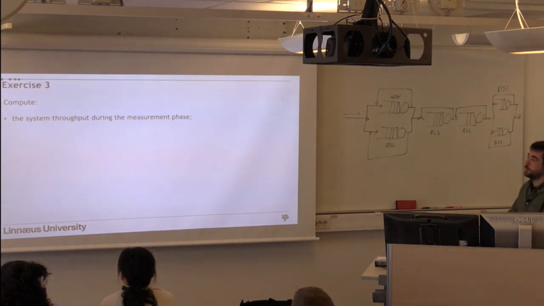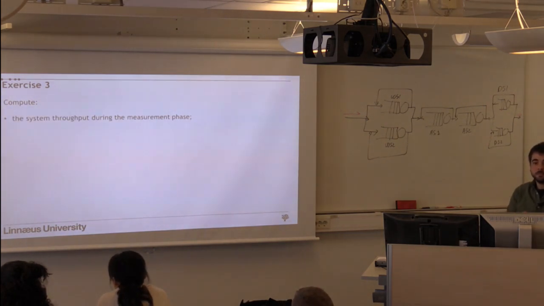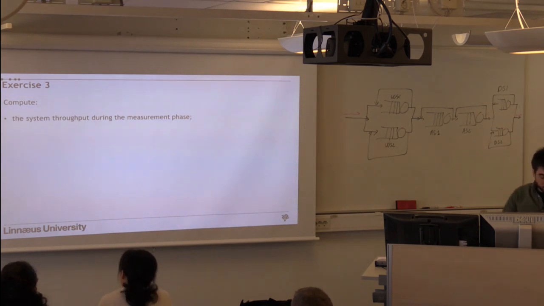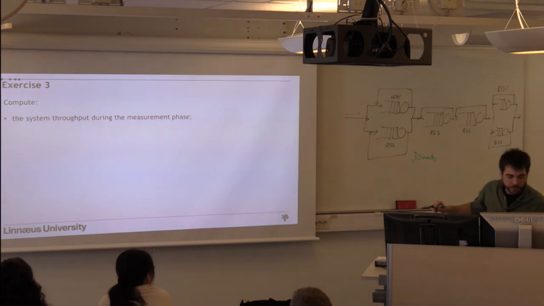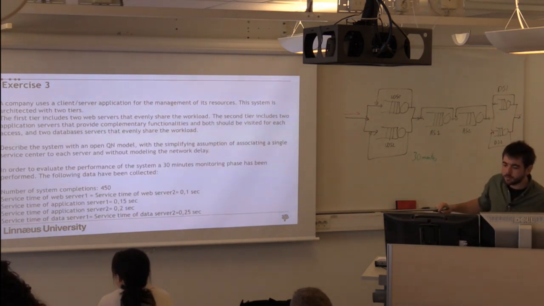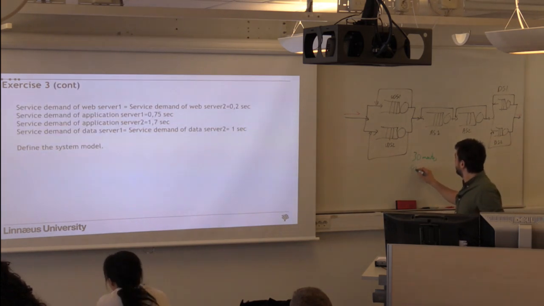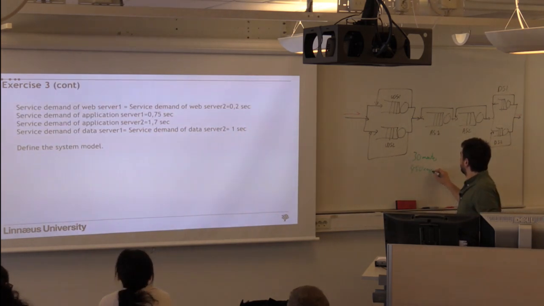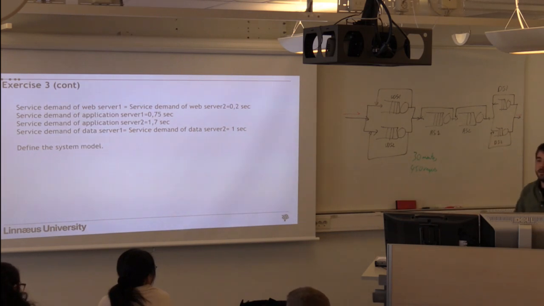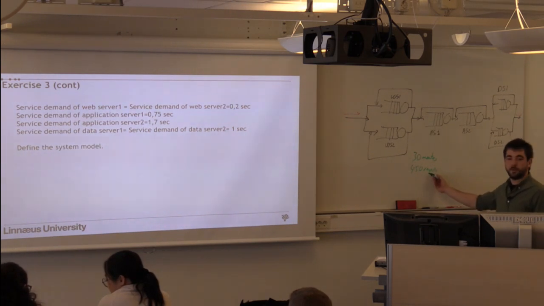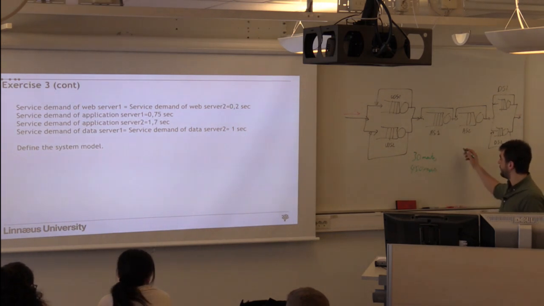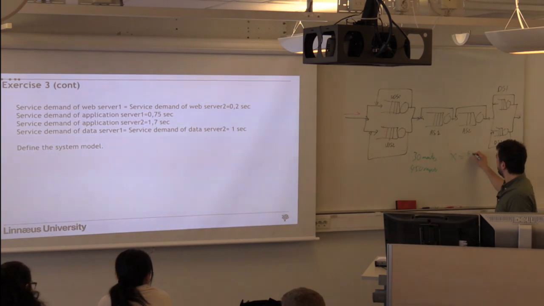Compute system throughput. 30 minutes, and there were 450. This is one of the first equations we saw. The throughput is the amount of requests we have seen finishing divided by the amount of time. So throughput, 450.